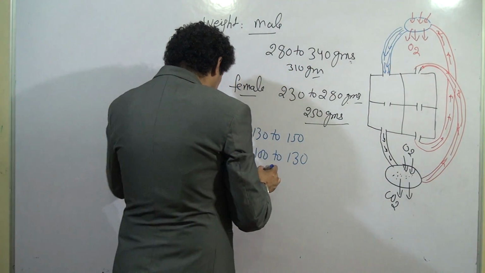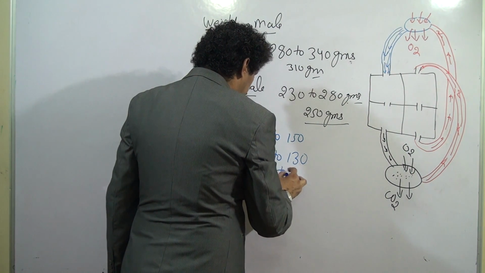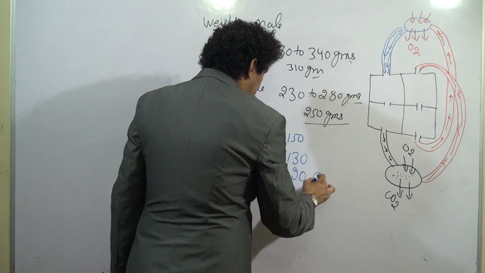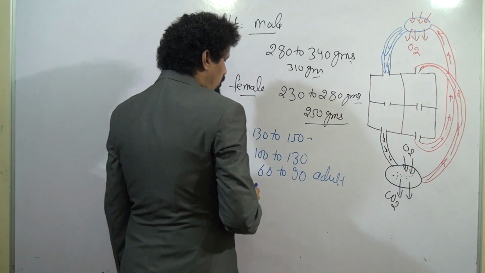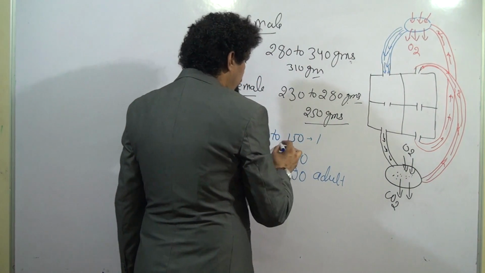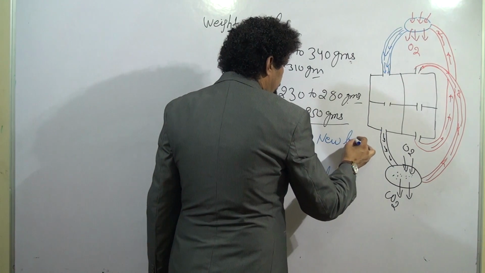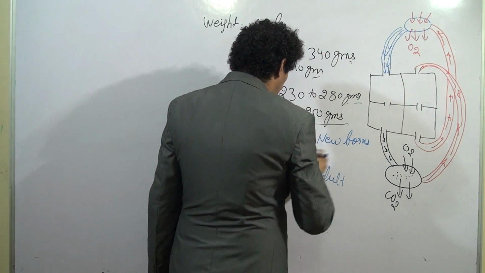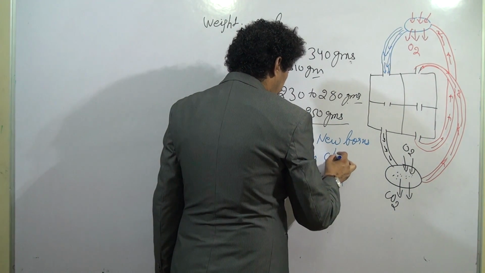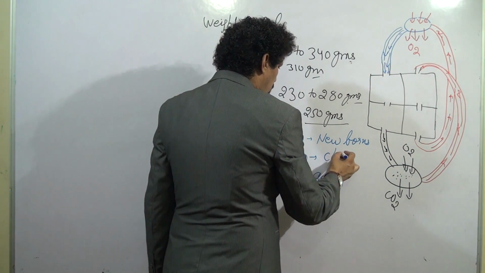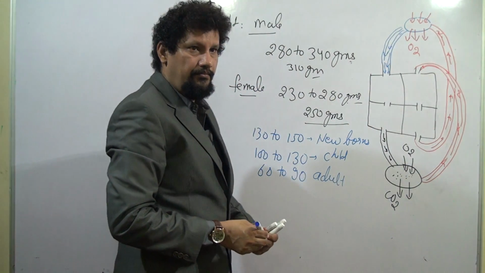So the pulse rate or the heartbeat is 60 to 90 in adults. In case of newborn, it is 130 to 150 per minute. In case of children, it is 100 to 130 beats per minute.